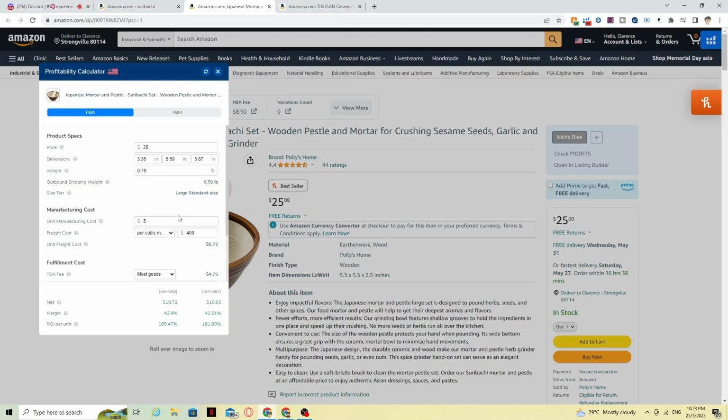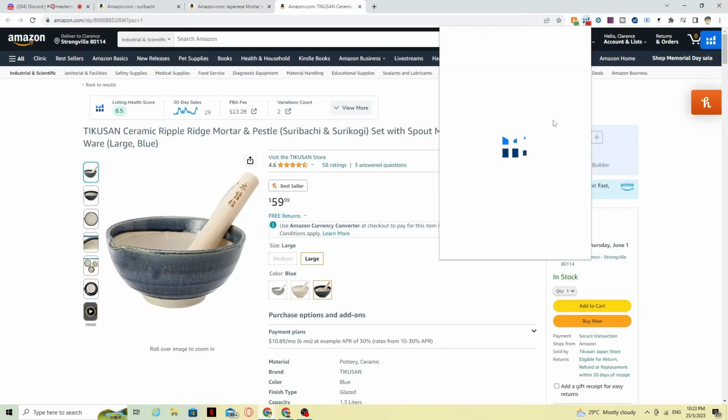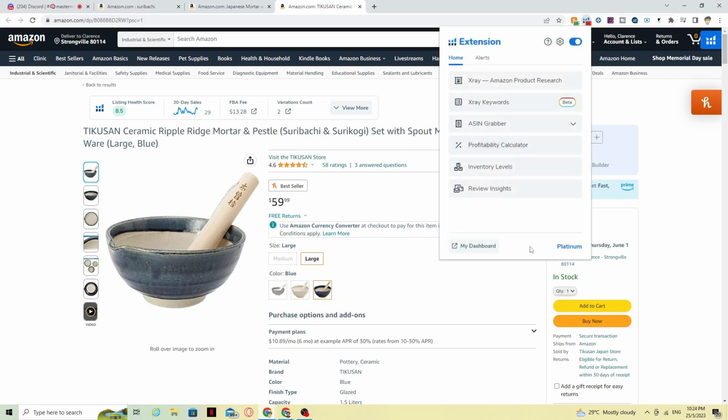This is actually a free tool. If you have a basic plan, you should have access to the profitability calculator also. But it's grayed out. Oh, you have to log in first. You have to log in to your X-ray first, or log in to the Helium 10 here. The moment it's all grayed out, there's a place that says please log in at the bottom. Just log in.